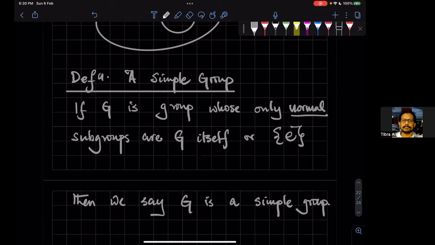So having a proper subgroup itself doesn't really give you a very useful way of defining. So simplicity is a little bit more complicated. It is asking that the group doesn't have any normal subgroup as a proper subgroup, then it's a simple group.